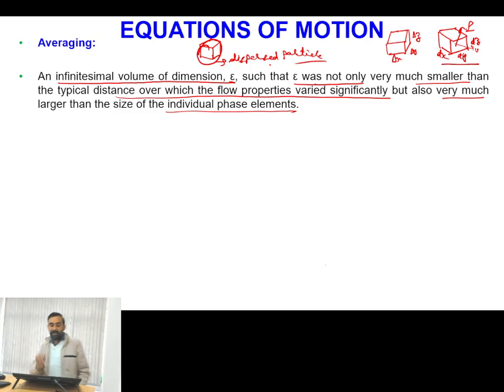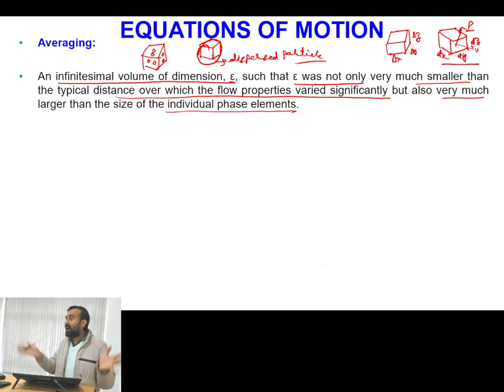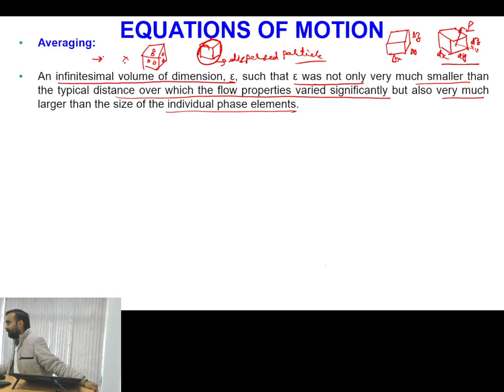So this type of control volume will not be a good representative of the multi-phase mixture. Rather I have to choose the size of the volume in such a way that this volume can enclose a good number of particles in it. However, it should not be so large that it contains a significantly large number of particles such that the variation of properties from one point of the control volume to another point is actually huge.